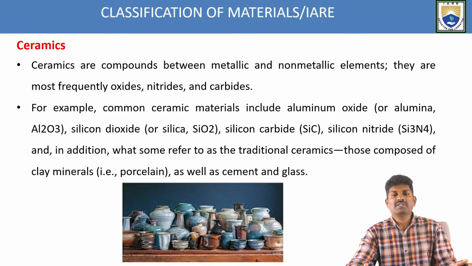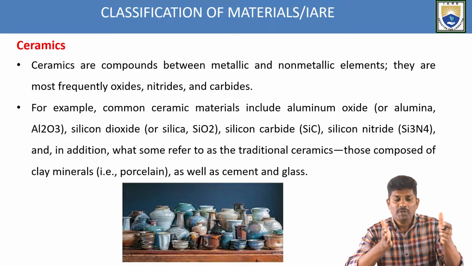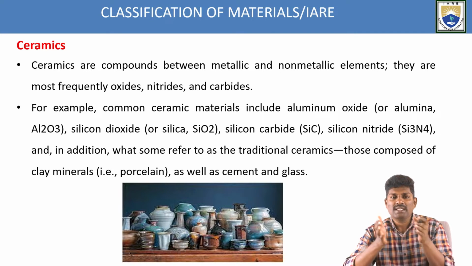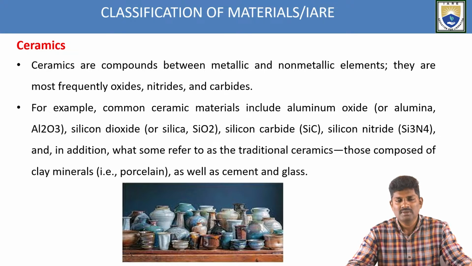So that is about the first category. Coming to the second category, we have the ceramics. What are ceramics? Ceramics are compounds between metallic and non-metallic elements. Wherever you find materials between metallic and non-metallic elements, that group comes under ceramics. They are most frequently oxides, nitrides and carbides.